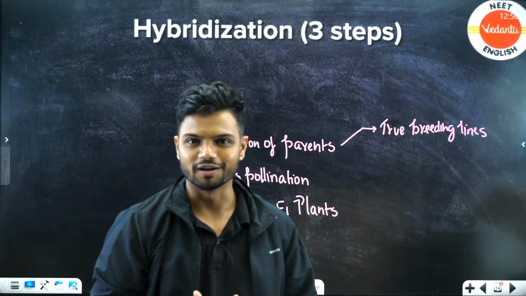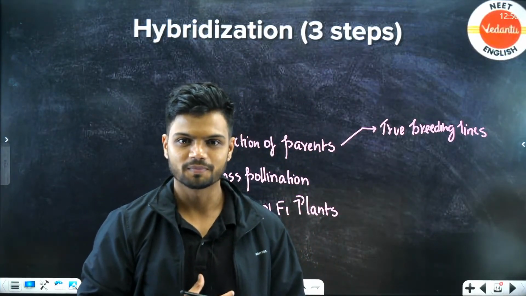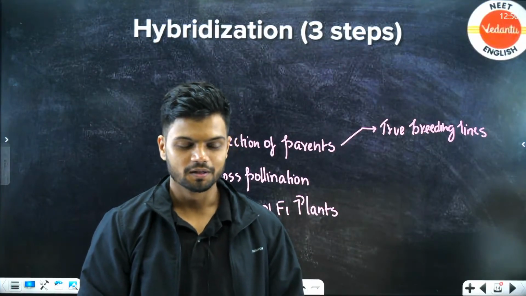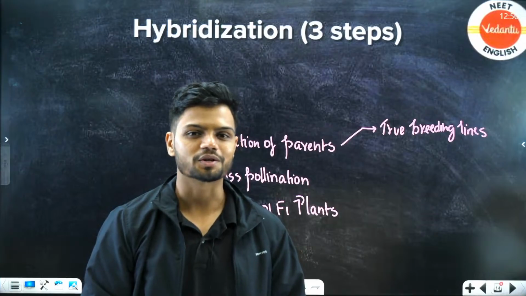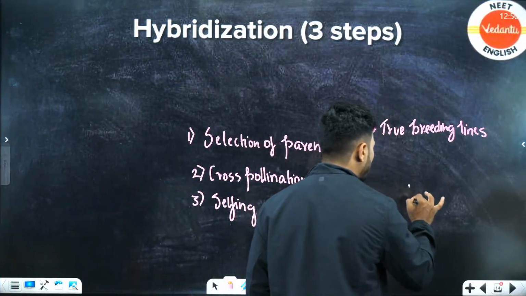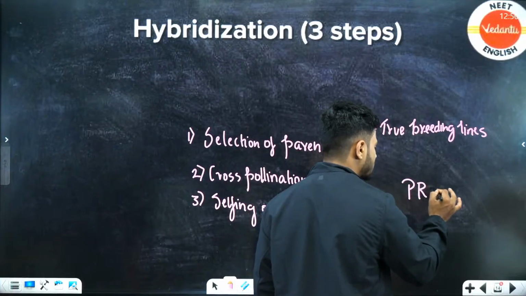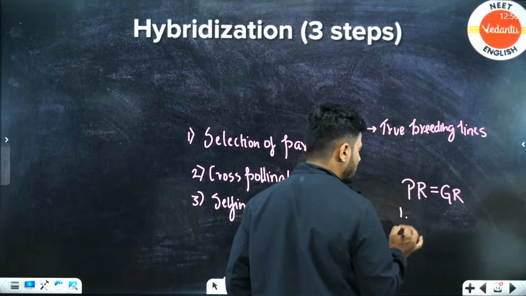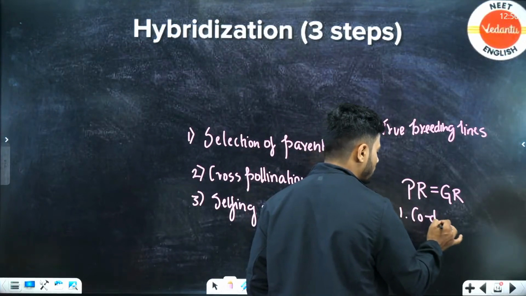Before we go to the crosses ahead, can I ask all of you a simple question? In which condition or in which case do you find phenotypic ratio is equal to genotypic ratio? Option A is codominance.